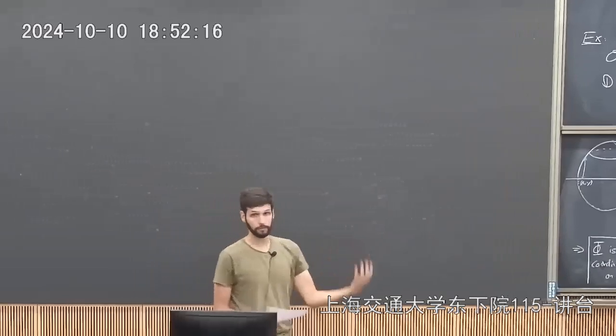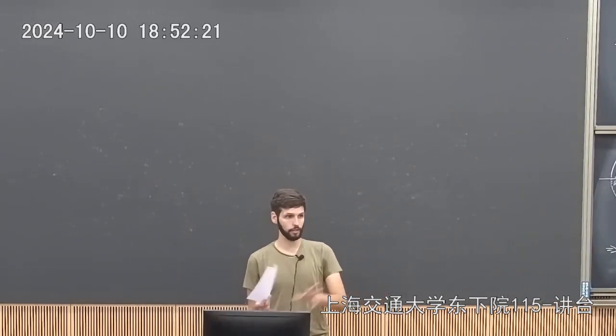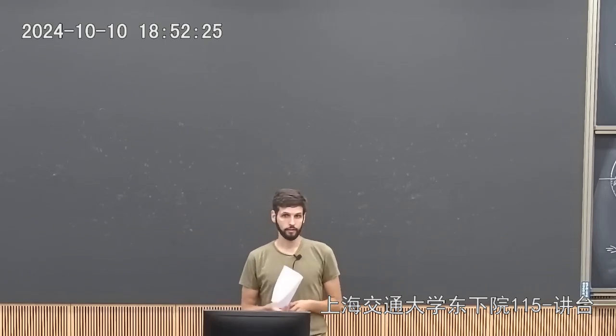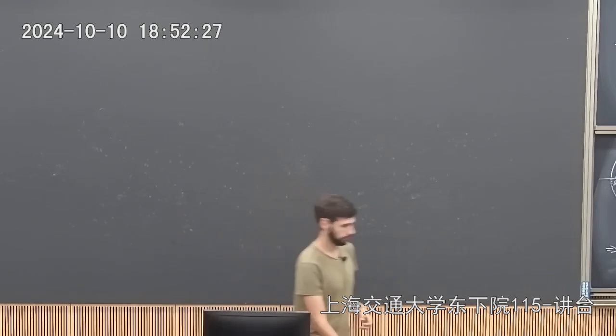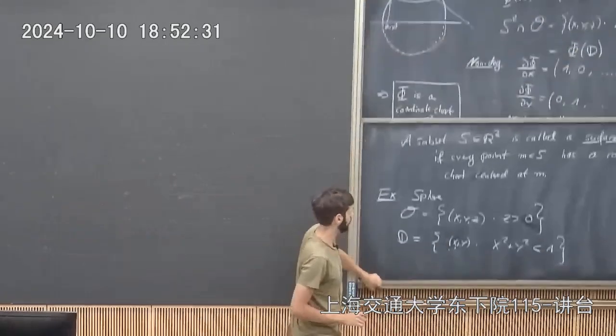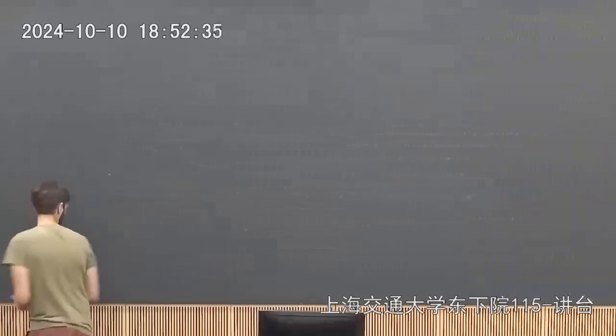So I want to give you some tools to make your life easier. If you have some homework exercises where I say, please show that this and this is a surface, you have some more refined tools than just going back to the definitions and constructing charts by hand. So let's see how we can go.